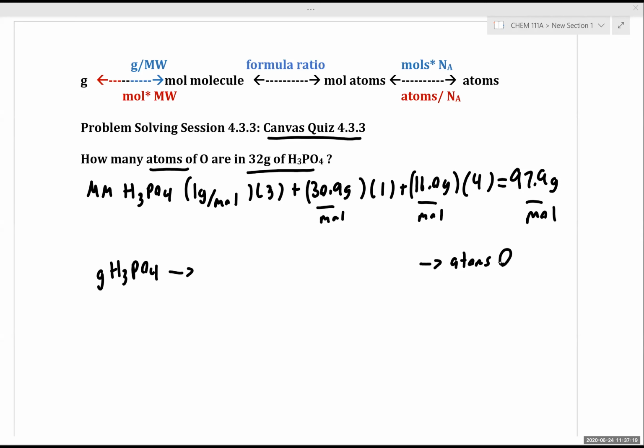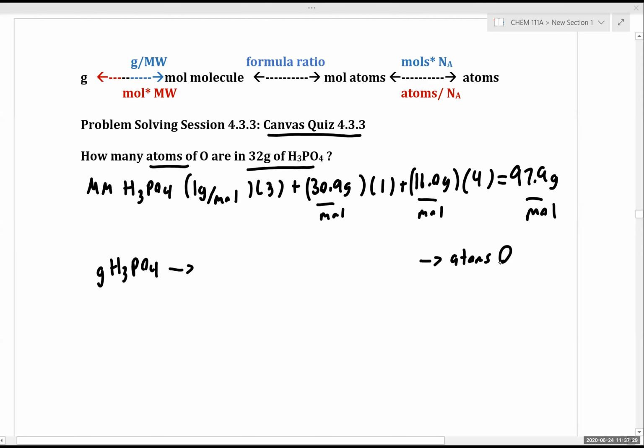From moles of oxygen. Yep, exactly right. We can calculate the atoms of oxygen from the moles of oxygen. Now, where are we going to get the moles of oxygen from in this case?